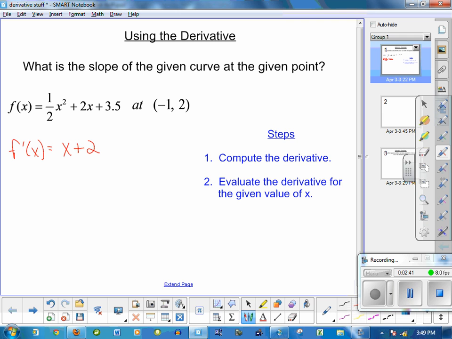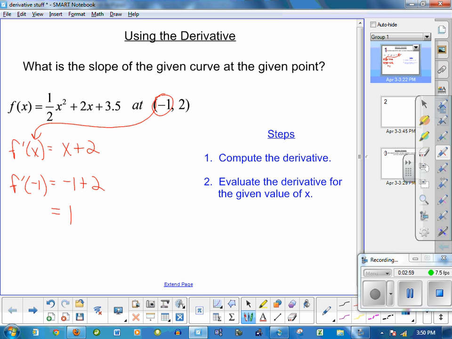And now we're going to use this x value, as it says in step 2. So we're going to do f prime at -1, which is equal to -1 plus 2. This gives us 1.